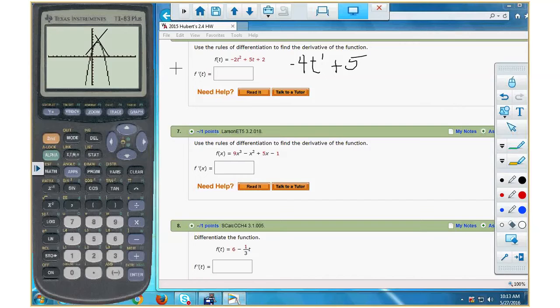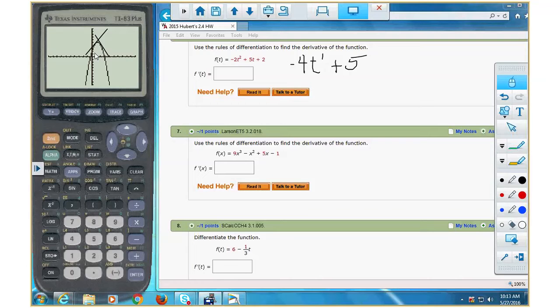So that would be 0.75 times negative 4 plus 5, and it would give you a slope. 0.75 times negative 4 plus 5, and that gives you a 2. So the slope of the tangent line at 0.75 is 2 over 1.